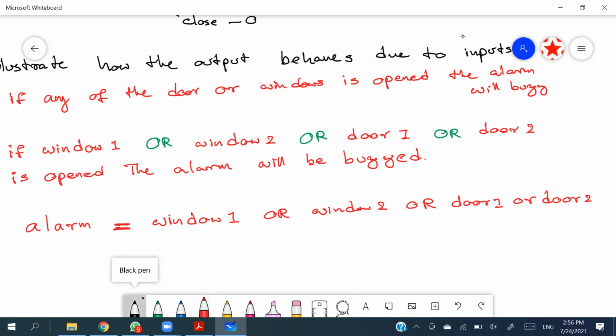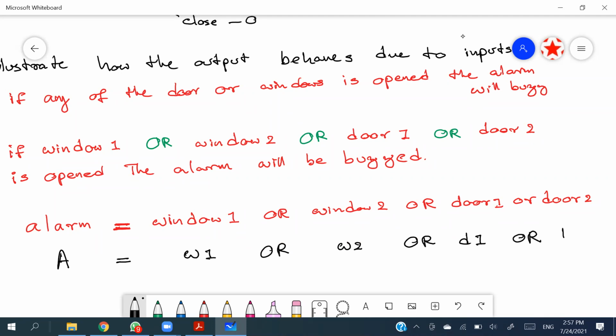Now I'm going to map the variables. A equals W1 or W2 or D1 or D2.